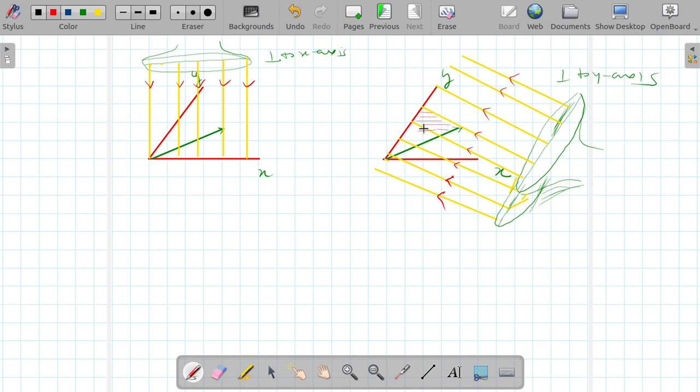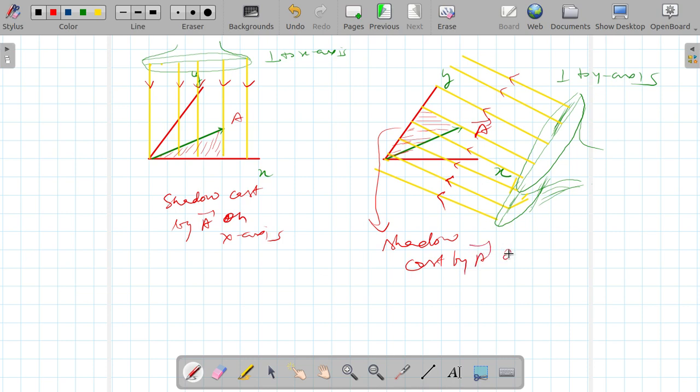This is the shadow region for this vector A. This is the shadow cast by A on the x-axis, and this is the shadow cast by A on the y-axis. So these are the different possibilities.